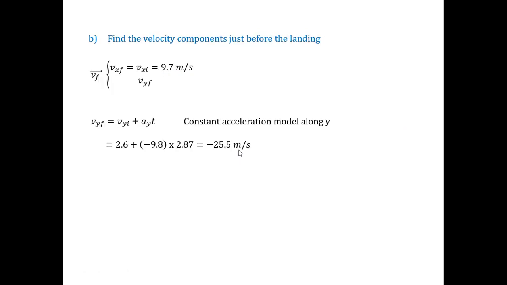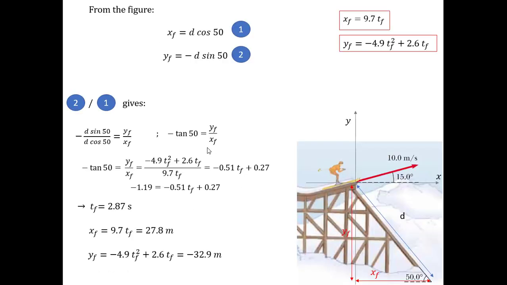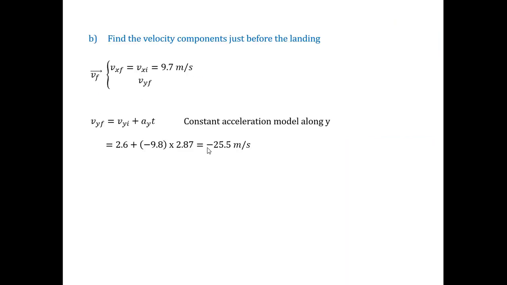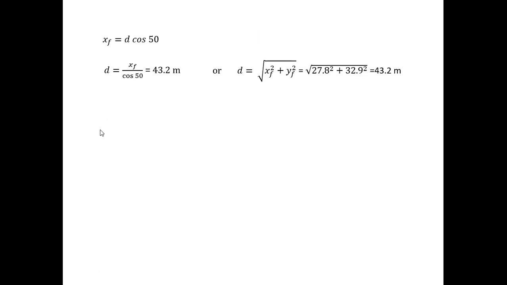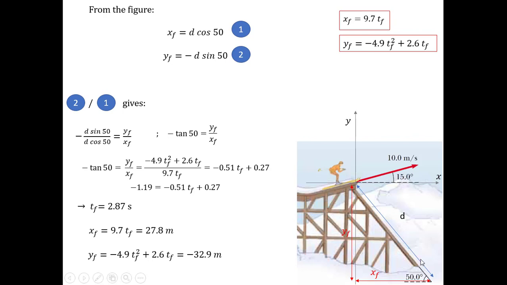Is it logical to have a minus here? Let's see. Regarding VY, is it logical to have a negative value? VY is downward. So the jumper will jump like this and reach the bottom. The velocity vector is tangent to the path, and the path is like this, let's say he is here. So the velocity is downward and to the right as well.